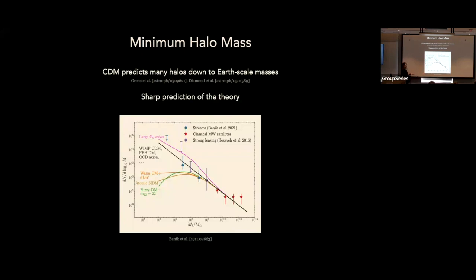And in the cold dark matter case, because we are able to preserve structure to very small scales, the prediction is that it follows this black line. So it just increases all the way down to very small scales. You end up going down to halos of about Earth scale masses in cold dark matter. That's a very sharp prediction of the theory.